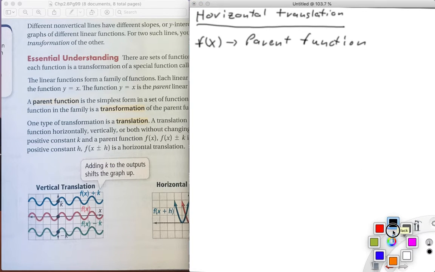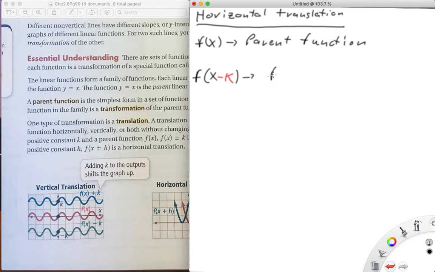And when we do a horizontal translation, this would be a move to the right along the x-axis.